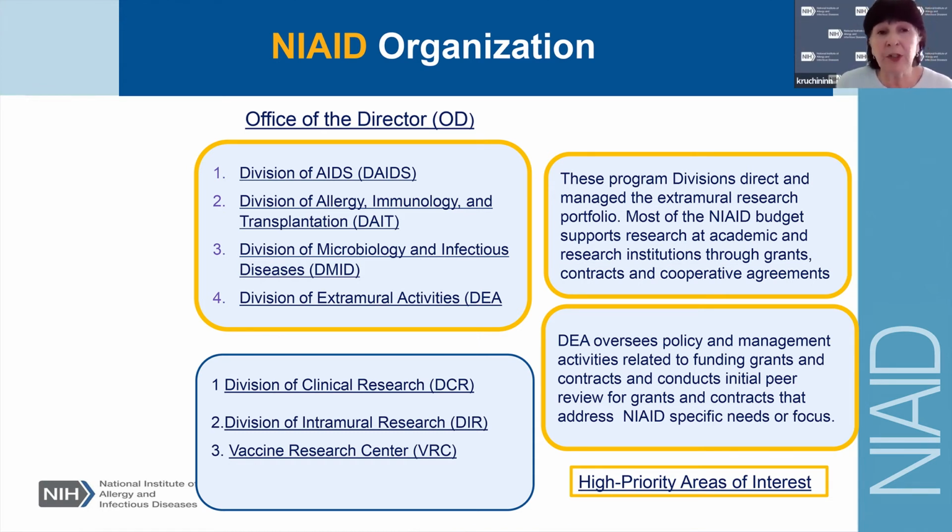Almost all the budget of these divisions goes to support grants, contracts, and cooperative agreements. The Division of Extramural Activities is where you have grant management, policies, and the small business program. Also, we have the Division of Clinical Research, the Division of Intramural Research, and the Vaccine Research Center.